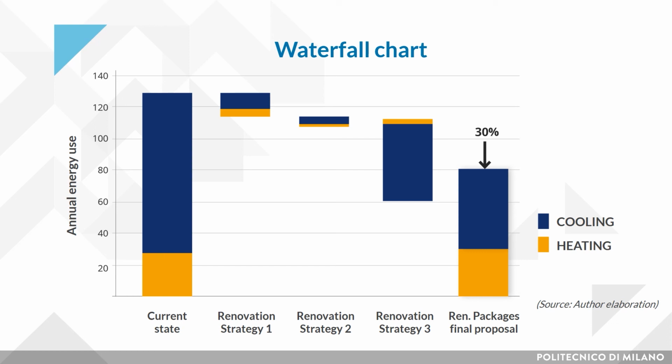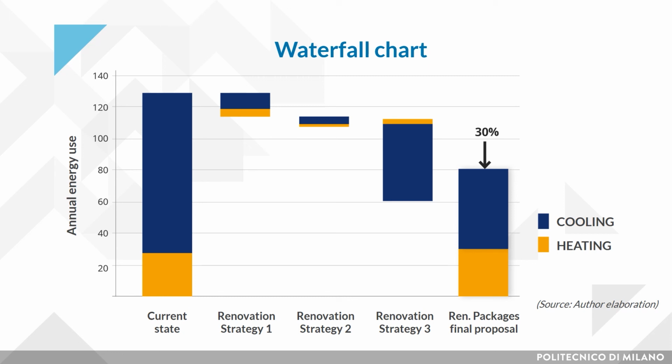Even in this case, you have to keep in mind the importance of focusing only on the key indicators that could be understood by your interlocutor, building owner, or professor in case you are a student presenting your assignment.